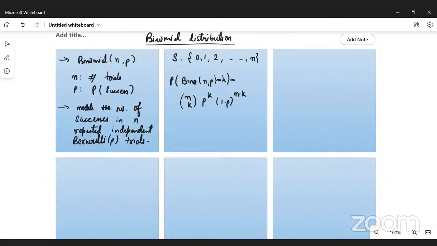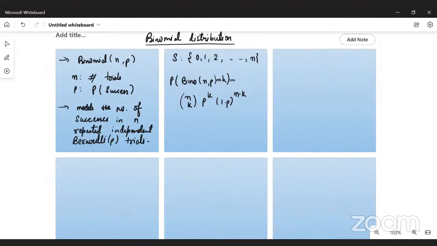What happens in binomial distribution is the repetition of n Bernoulli trials. The first trial is Bernoulli p, the second trial is Bernoulli p, and each of the trials that you have performed should be independent. So basically it models how many successes you can get in those n repeated Bernoulli trials.